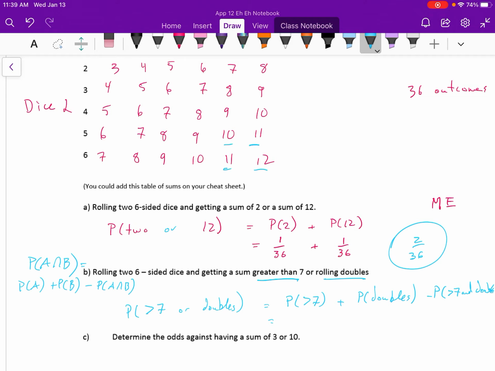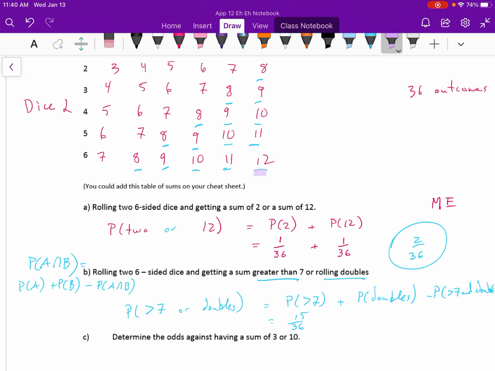So the probability of rolling greater than 7: we have 1, 2, 3, 4, 5, 6, 7, 8, 9, 10, 11, 12, 13, 14, 15. I believe I am counting 15 outcomes that are greater than 7.